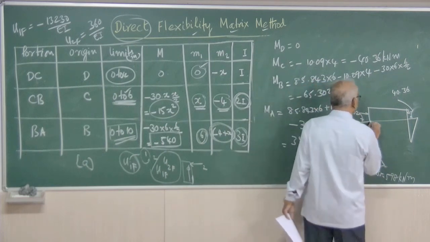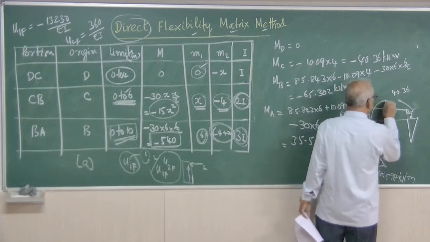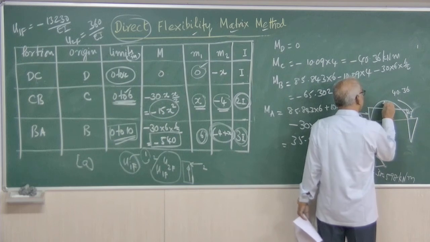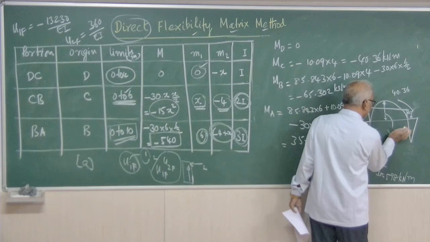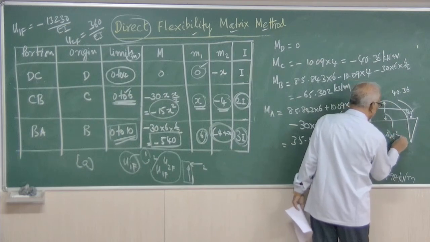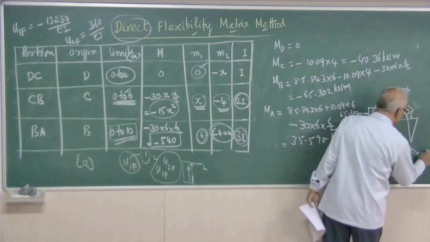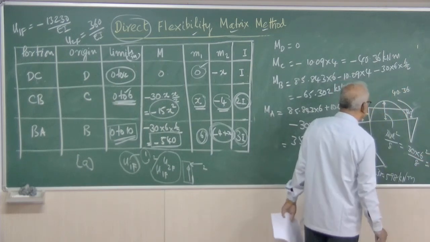Then WL square by 8 will be this, because that is the only external load, so this is the shape of the diagram. The value equals WL square by 8, where W is 30 into 6 square by 8. You can calculate that value and write it down here.